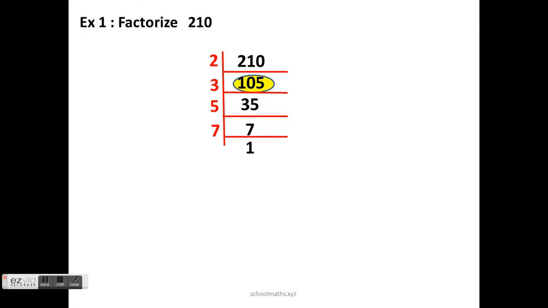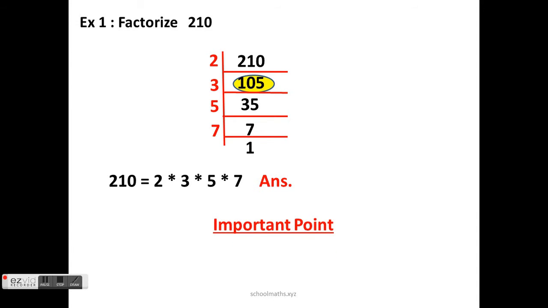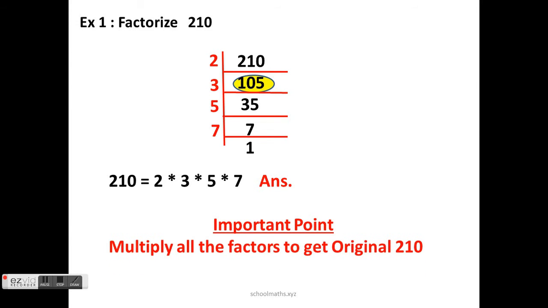Until you get 1, go on factorizing. Now we will write all the factors. 210 equal to 2 into 3 into 5 into 7. 4 factors we have got. If you multiply all the 4 factors, you will get 210. That is the important point.